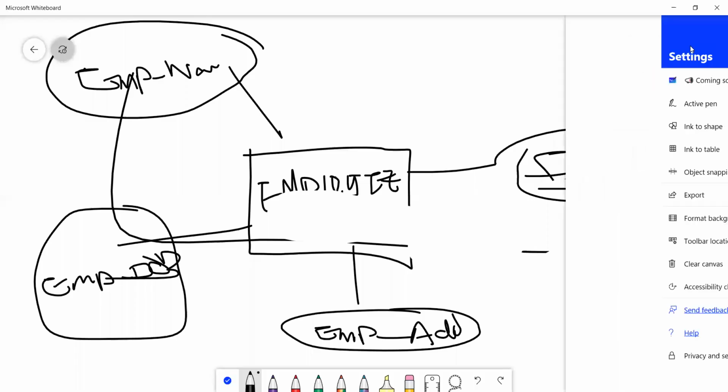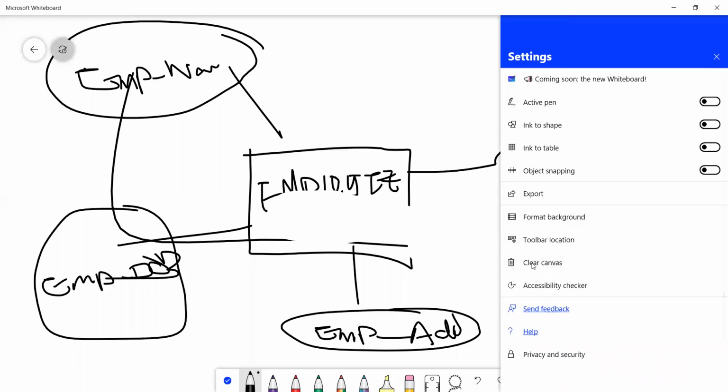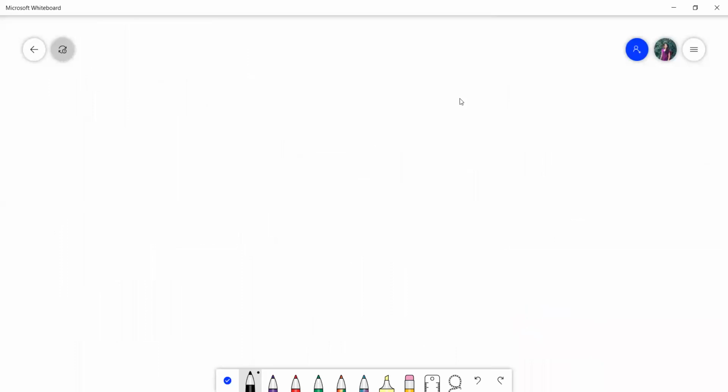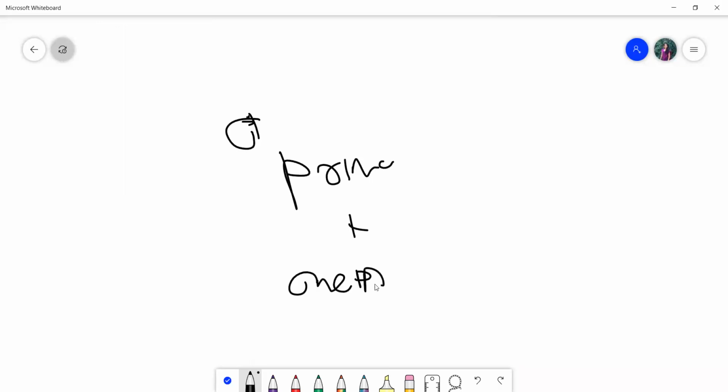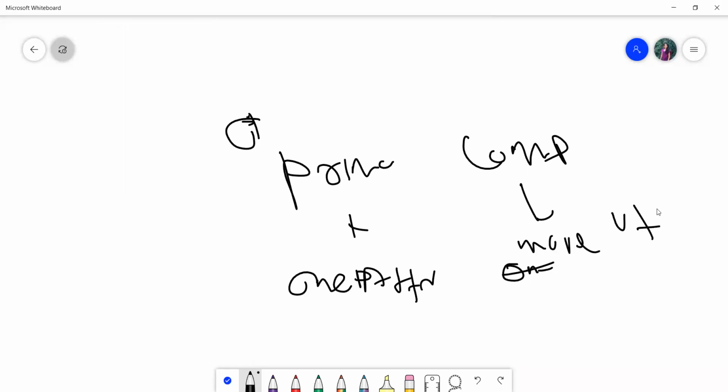Finally, when we consider a primary key, it consists of one attribute. When we consider a composite key, it is composed of more than one attribute.